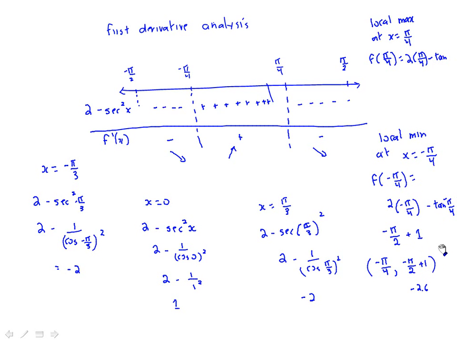Pi divided by 2 plus 1. So make the correction here. I'm just going back to this. I'm getting negative 0.57. Might make a little bit more sense. So be careful with that. That was the original, tan of negative pi over 4. Here this is positive pi over 4.